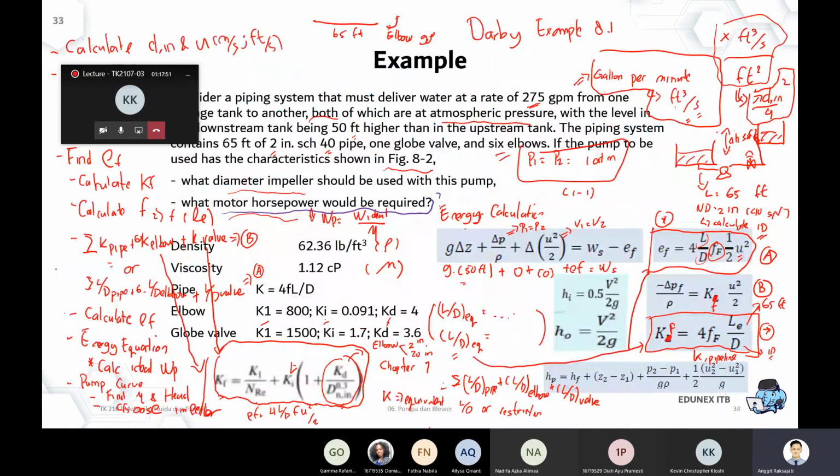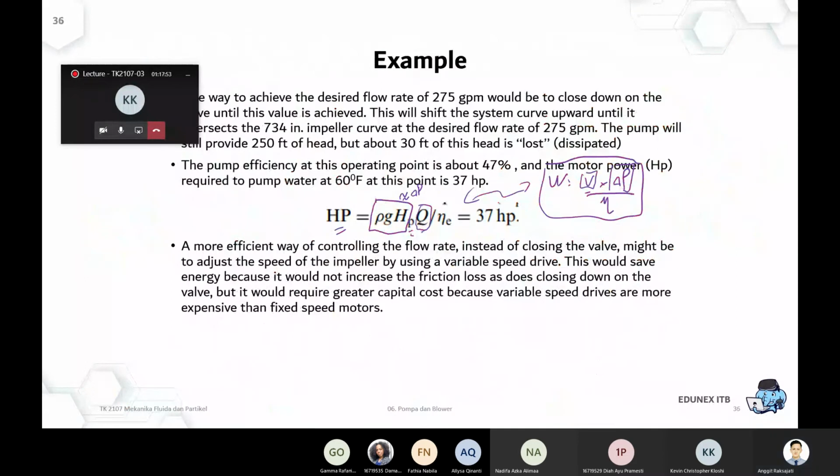Rho is 62.36, times G. What's G in British units? 32.2, if I'm not mistaken. Times the head of the pump. That's the keyword here. What number do you have to put as the H? Not the horsepower, but the head of the pump. In option 1, do you put 250 or 219?